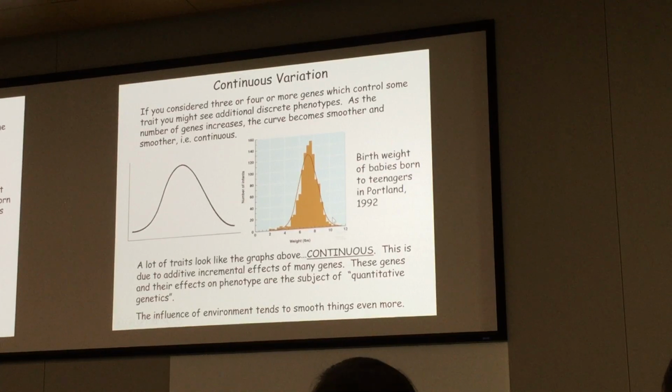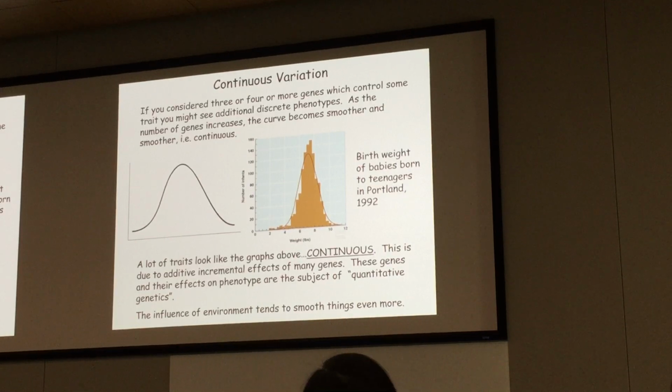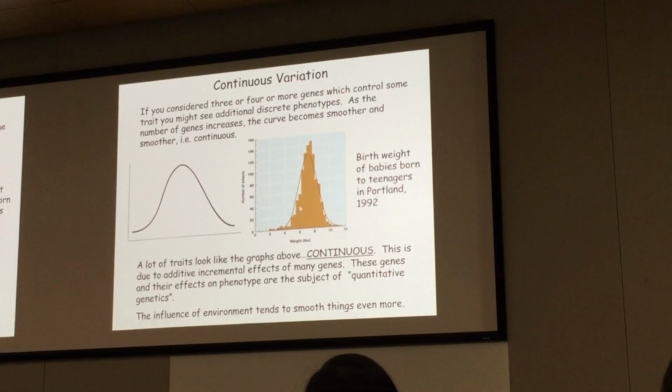So curves like this are continuous, and the reason is you've got lots and lots and lots of alleles in the genomes that are adding up, each contributing a little bit, ever so slightly, so that individuals over here may have a collection of alleles that are contributing to a little bit lighter weight.